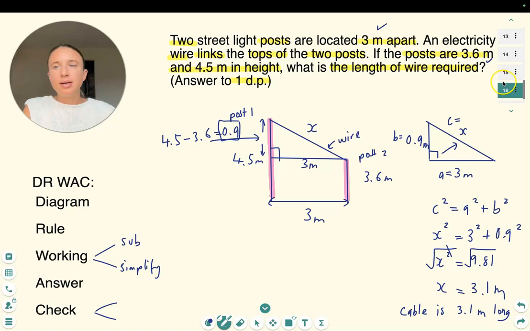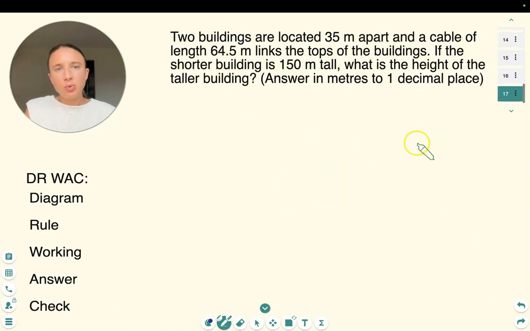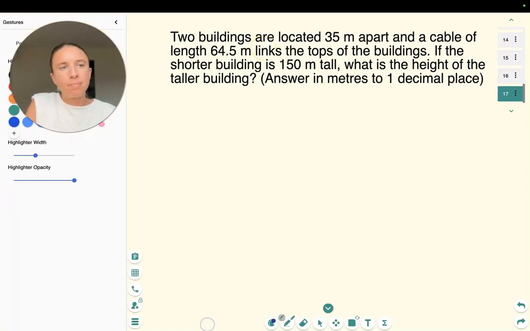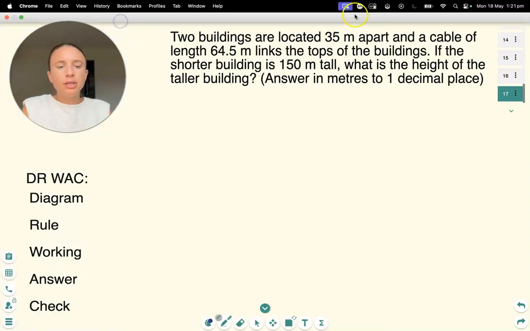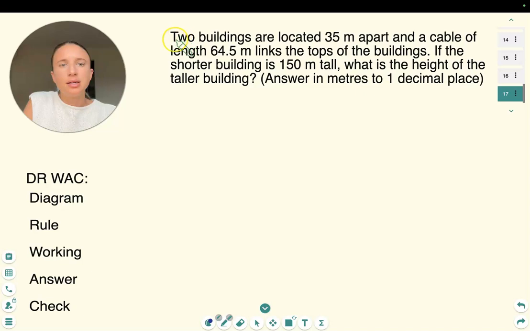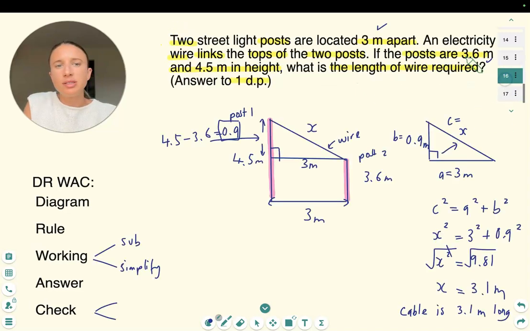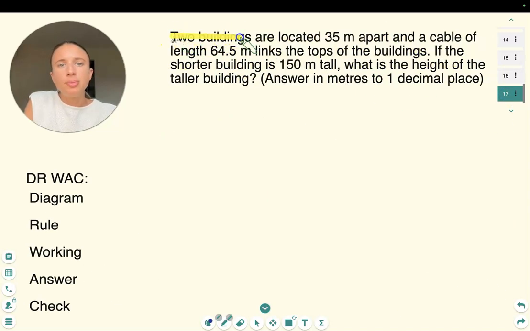Okay, and last question of Pythag in 2D. Let's have a read and a highlight. So, two buildings, a similar sort of problem. Two buildings, 35 meters apart.